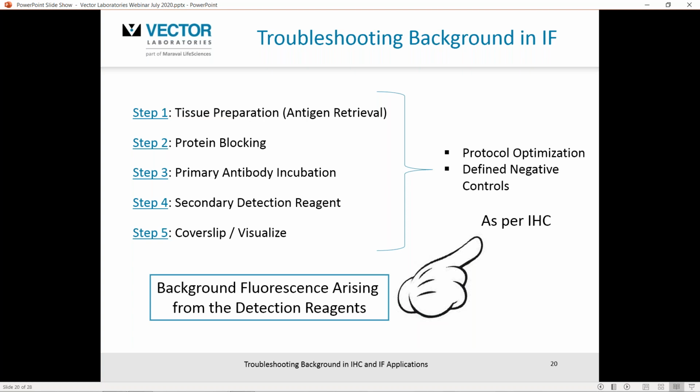It may be attributed to inadequate buffer washes, potentially inadequate or inappropriate blocking reagents. And then also look at that primary antibody that we just described as well. Just make sure it's within the right titer and apply it at the same concentration as recommended. So these points are very similar to what you would find for the immunohistochemistry that we described before.